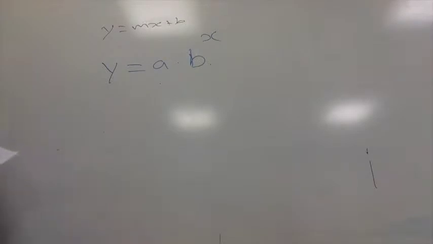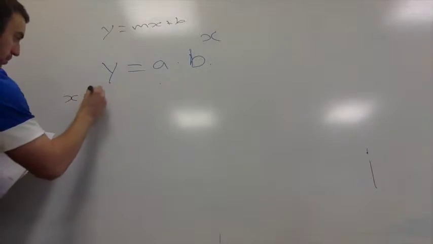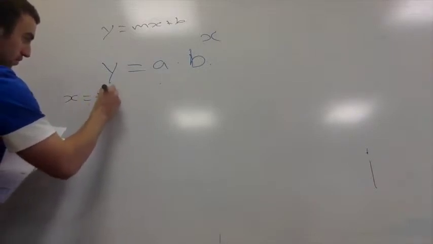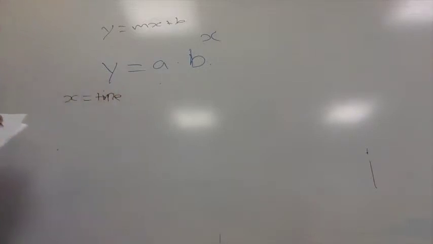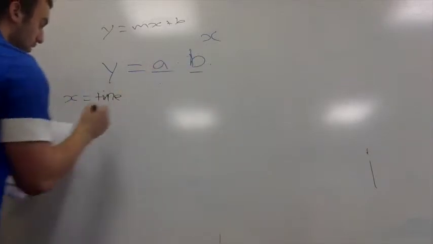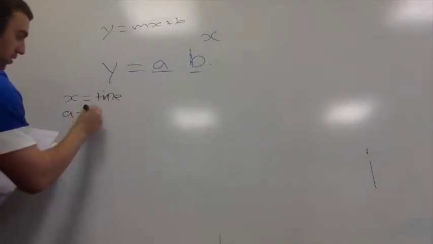One of the main differences between a linear function and an exponential function is the position of the unknown. As we can see, the unknown x is an exponent. X represents periods of time. Now what are a and b? A is the initial value.